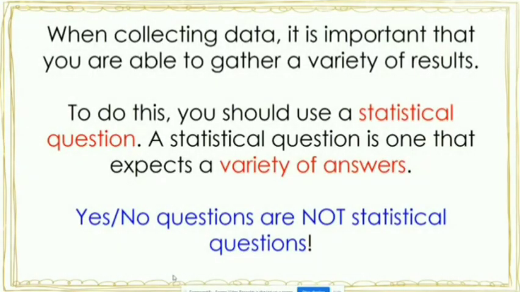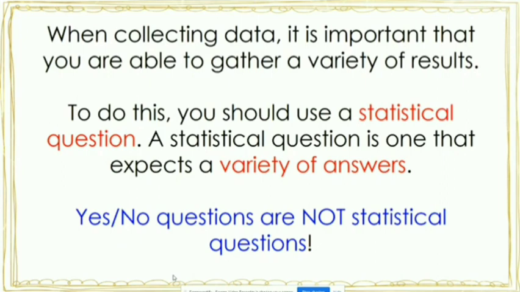When we're collecting data and analyzing the results, it is important that we have a variety of different results so that we are able to make an inference about a population. To get a variety of results, we should use a statistical question. A statistical question is one that expects a variety of different answers.